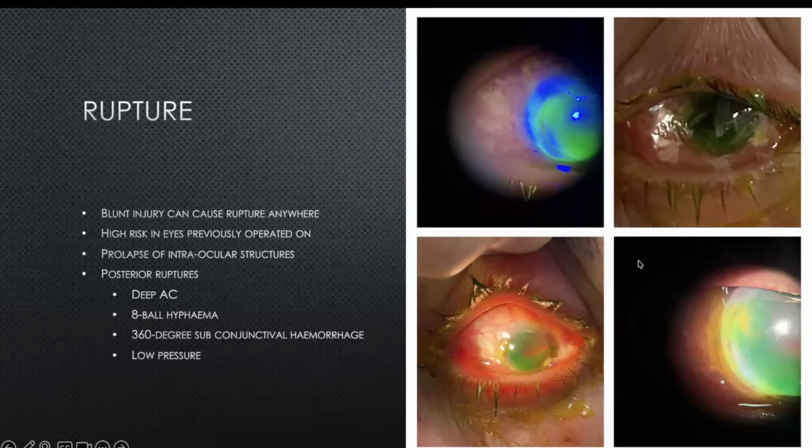If you don't do imaging, if you don't do an ultrasound, you won't be able to see that this patient has a posterior rupture. So if you are getting these features, a deep AC, a big hyphaema, 360 degrees of hemorrhage, then consider doing a very, very, very light ultrasound or maybe a CT scan to see whether these patients have actually ruptured. Like I said, at a later date we will talk about penetrating injuries and rupture repair as well.